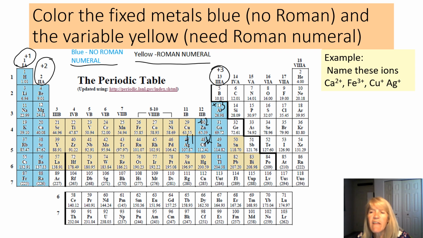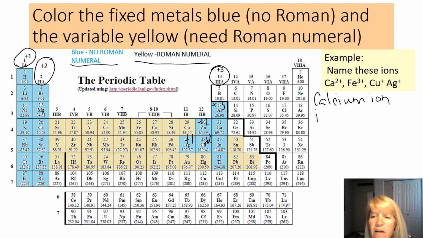All right? And then when we name them, for example, calcium is going to become calcium ion. You just add the word ion because you know it's going to be +2 because of the column it's in.